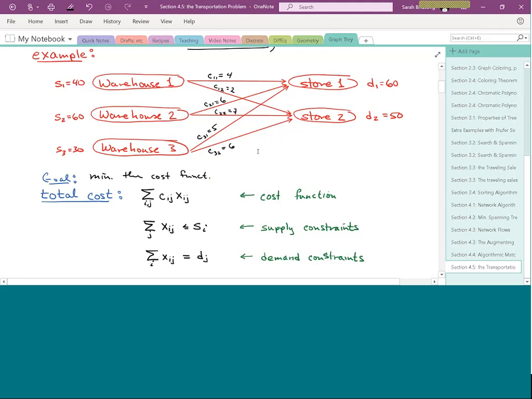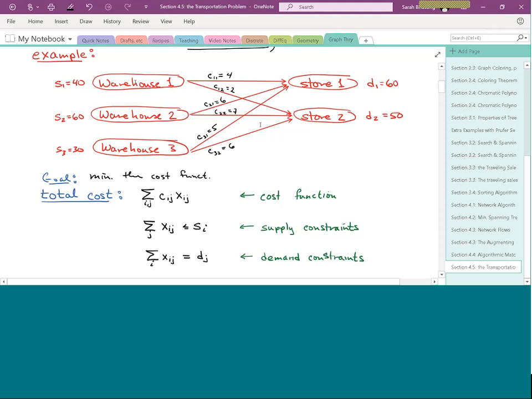Now, the final answer here is going to be a spanning tree. Well, I guess it doesn't have to be a tree. It's where we select how much goods to transport across each edge. It's totally okay if we decide not to transport goods across edges. So, for example, the edge going from warehouse 2 to store 2 has a cost of 7. Maybe you decide, no, it's not going to happen.